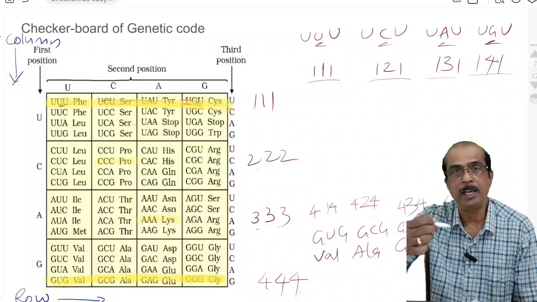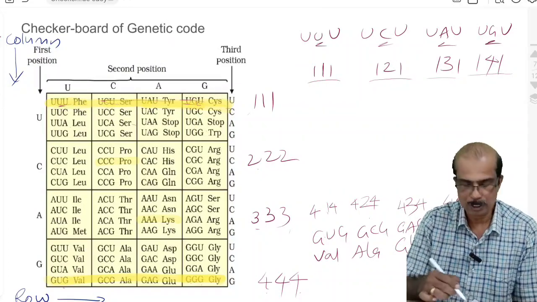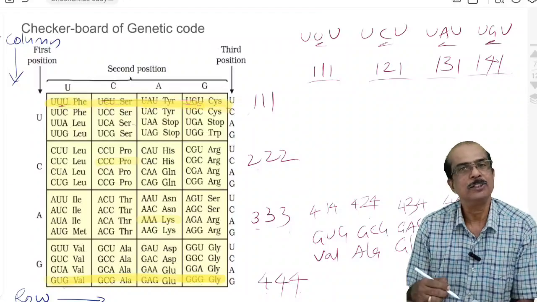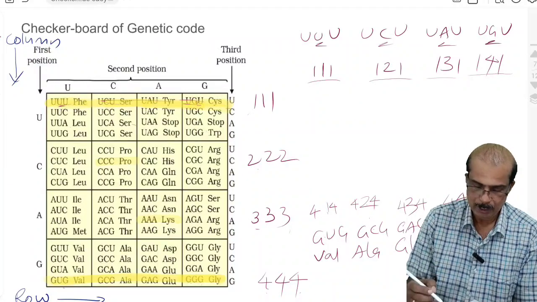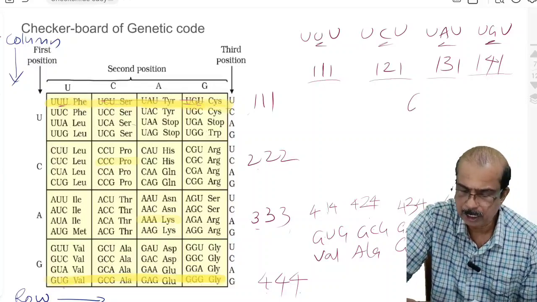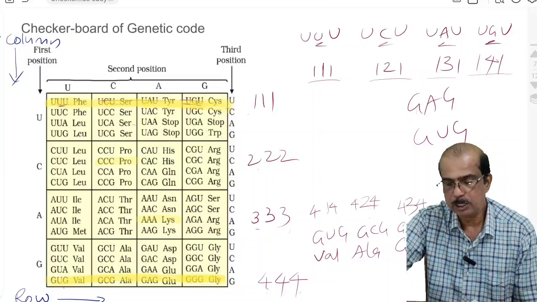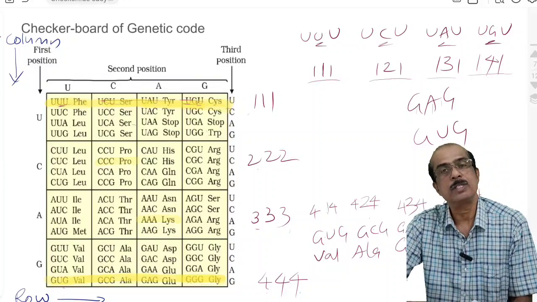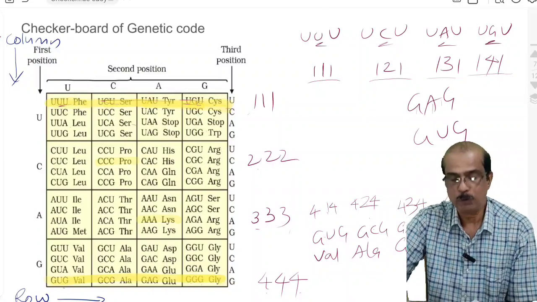You can relate the 3-digit number and nitrogen bases of the codons to their positions in the checkerboard and find out the amino acids very easily. Then one asks about GAG and GUG. We know that these 2 codons are related to sickle cell anemia, a point mutation. Which one codes for valine?